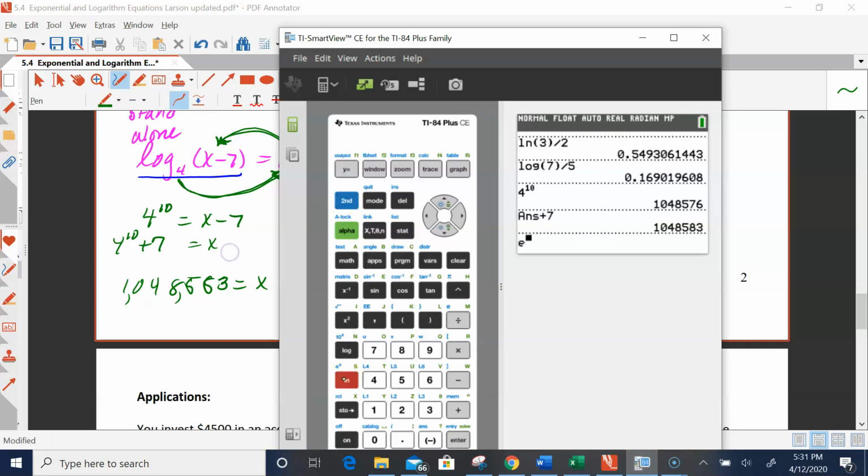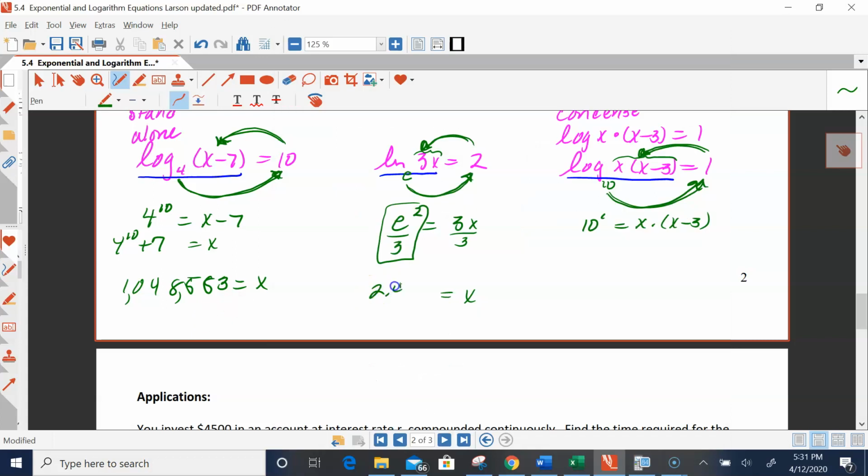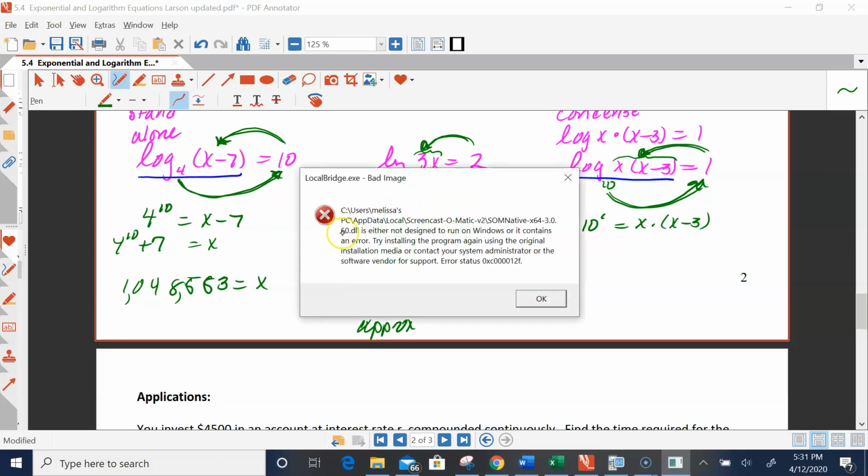So here is e. I'm going to square it, then I'm going to divide it by 3. 2.463. So this would be the decimal approximation, and this would be the exact.